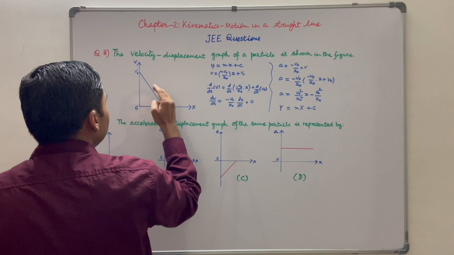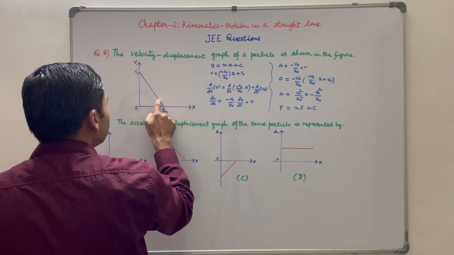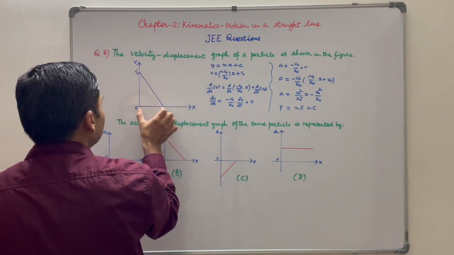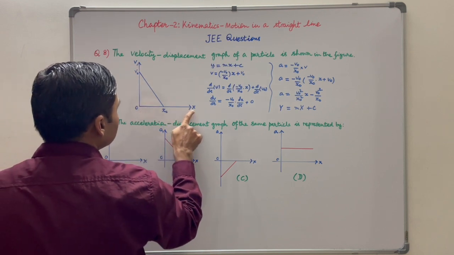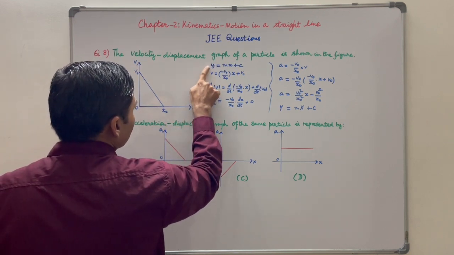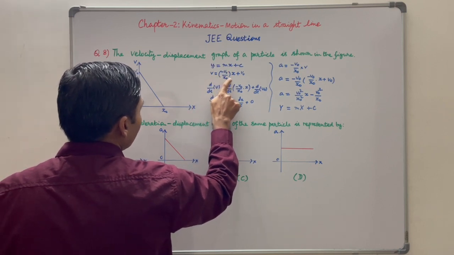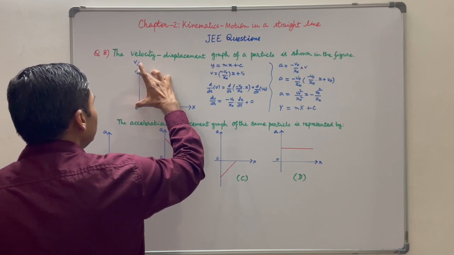Slope of this line will be negative, as it is making more than 90 degree with the positive x-axis, and magnitude of the slope will be v0 upon x0. On the y-axis is v, on the x-axis is x. So in place of y, v will be written, and slope is minus v0 upon x0, x plus c is the y-intercept, that will be v0.